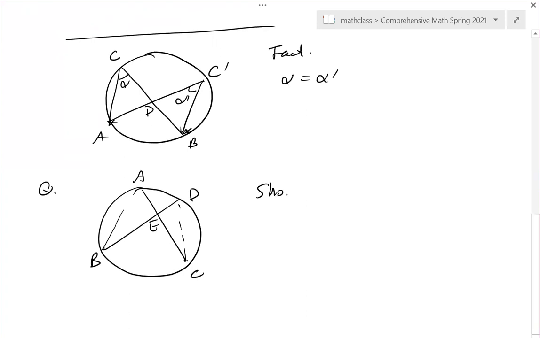Show that the triangle ABE is similar to the triangle CDE. A corresponds to D, B corresponds to C. How to prove that?